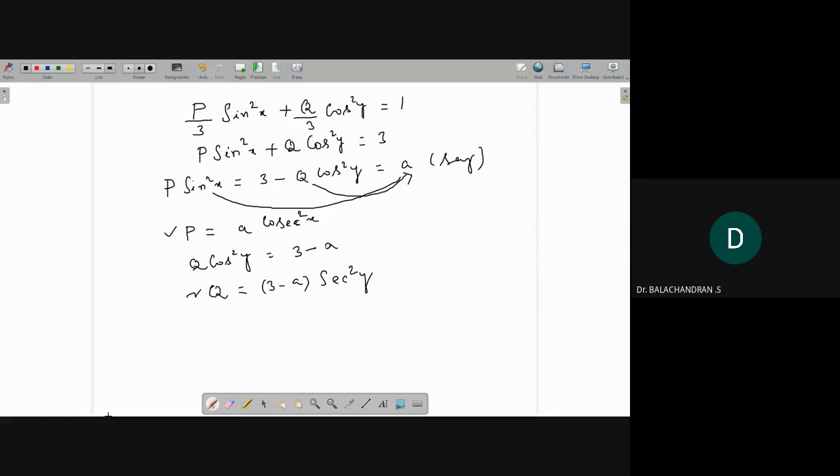Now capital dZ equal to capital P into dx plus capital Q into dy. Now what is capital P? A cosecant square x, plus Q, which is 3 minus A into secant square y.